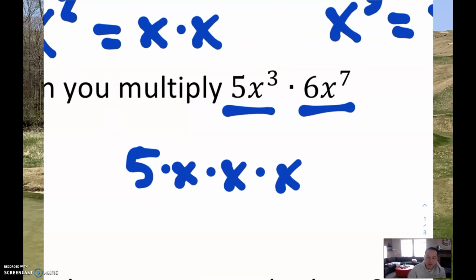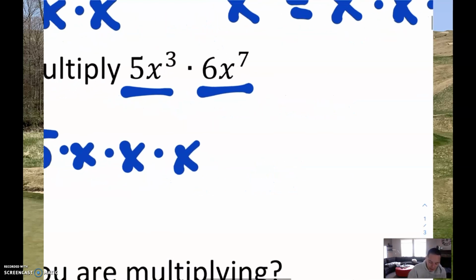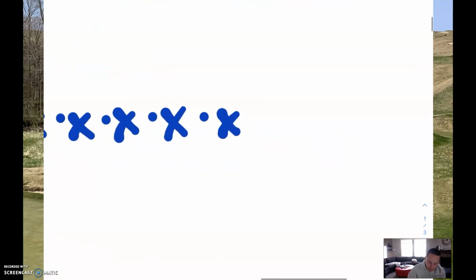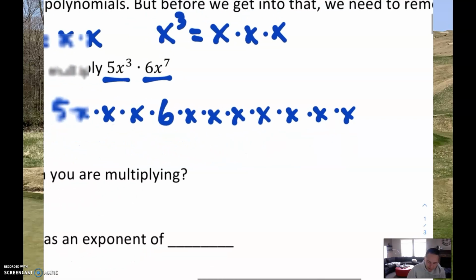That's the x to the 3rd part. We have 3 x's multiplied together. And we're going to multiply that by 6x to the 7th. So it's times 6 x to the 7th. Well, that's going to be 7 of these x's. So 1, 2, 3, 4, 5, 6, 7.